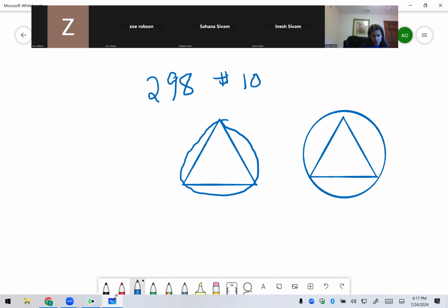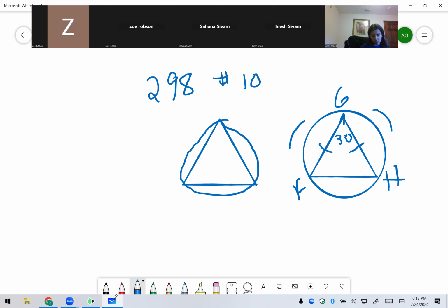Okay. So we have F, G, H. You can work ahead of me. Arc FG is equal to arc GH. So if these arcs are equal, this is an isosceles triangle. And angle G is 30.